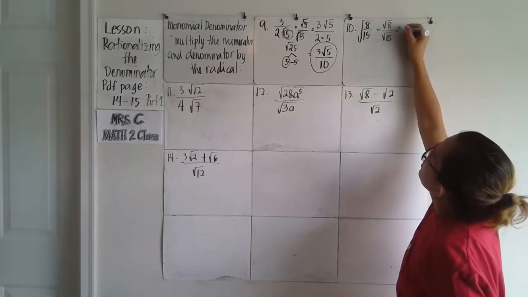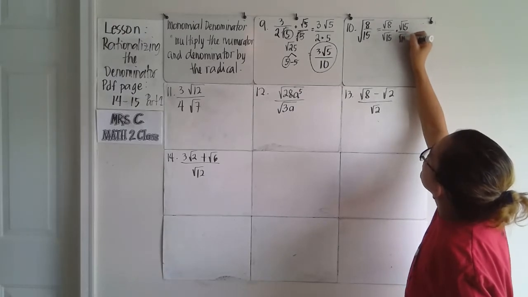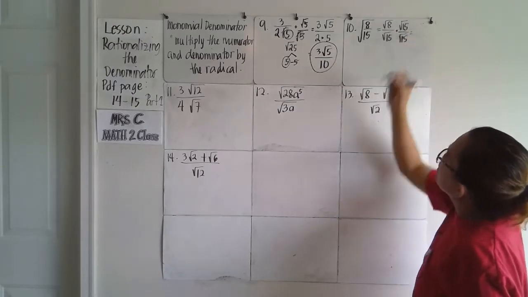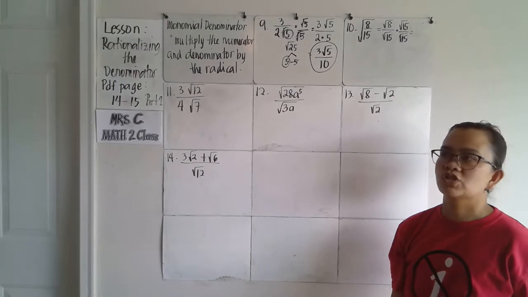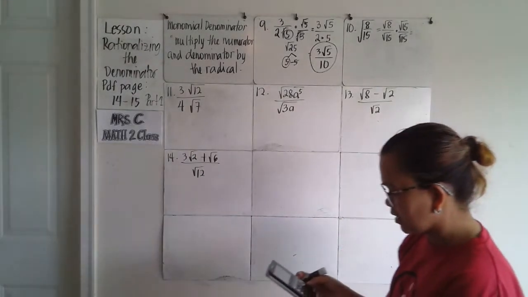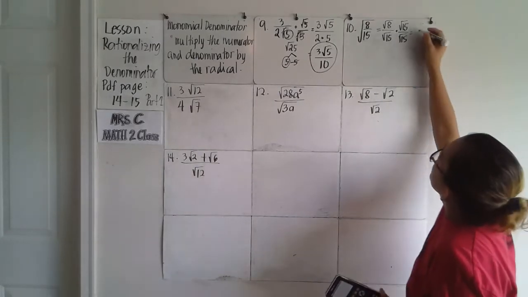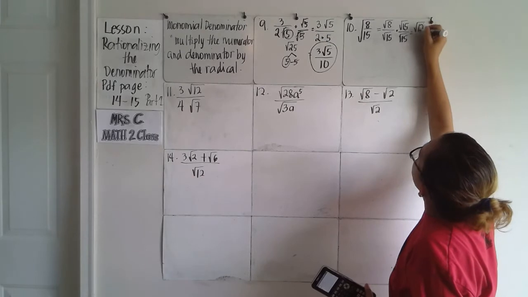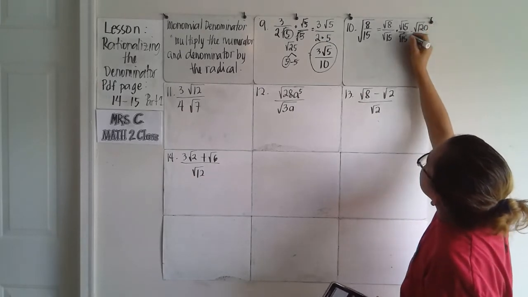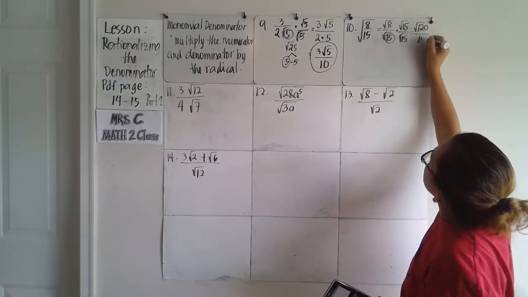So if you want to multiply it by the given radicand or radical, that will give you a bigger number, which is 8 times 15 is, I don't know, we need to get the help of our calculator, and that's 120. Over, as what I said, cancel, take 1, and that's 15.